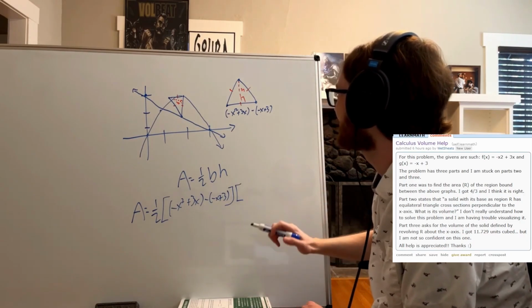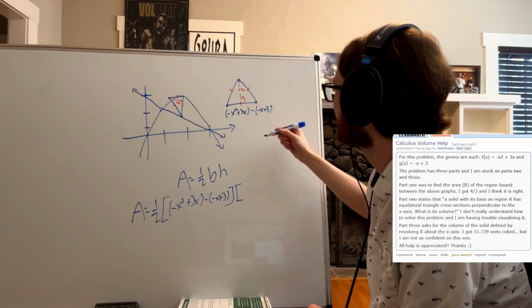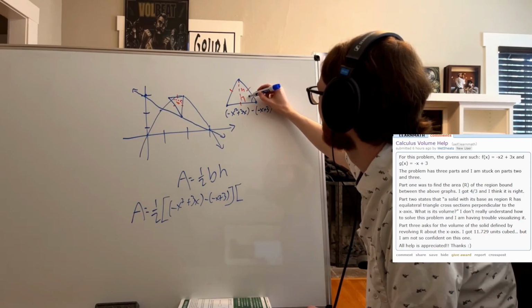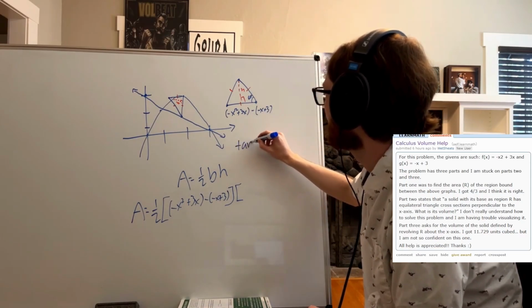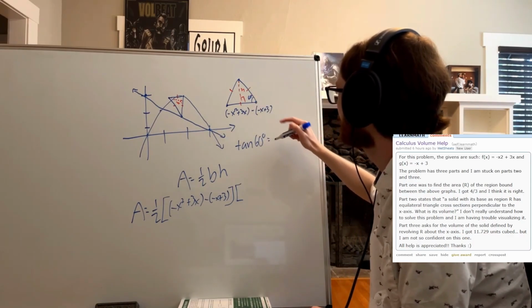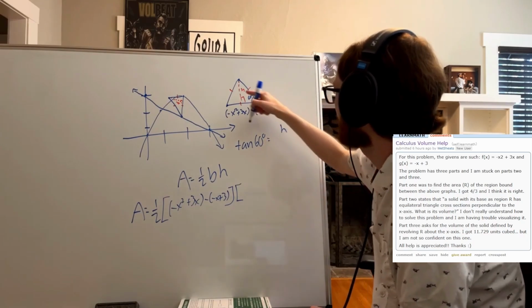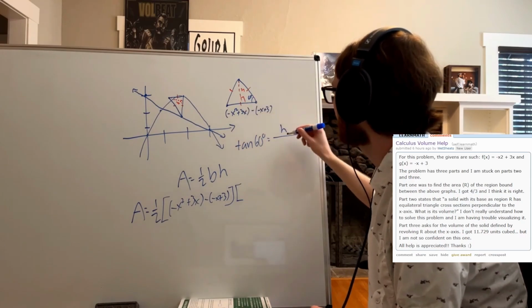I could write this differently. Tangent of 60 degrees in this scenario is equal to opposite over adjacent, and the opposite over adjacent is h over half of that base there.